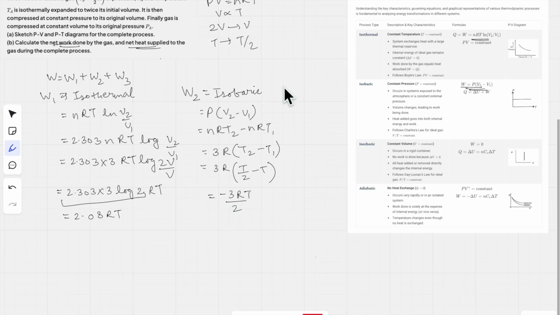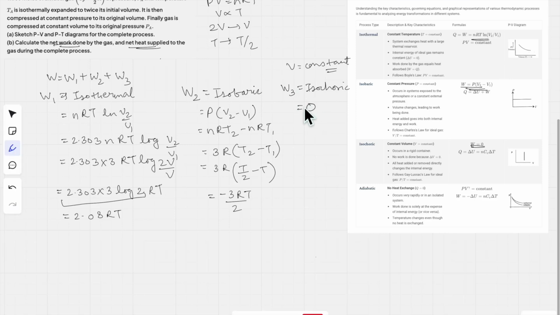Okay, and the third process is isochoric. But in an isochoric process, we know that net work done is 0. Why? Because volume is constant, and at constant volume work is always 0, because work done is the area under the PV curve. Since volume is constant, the area under the PV curve would be 0.